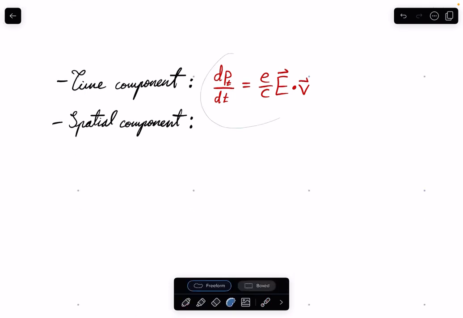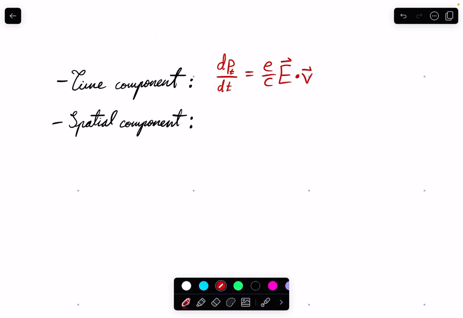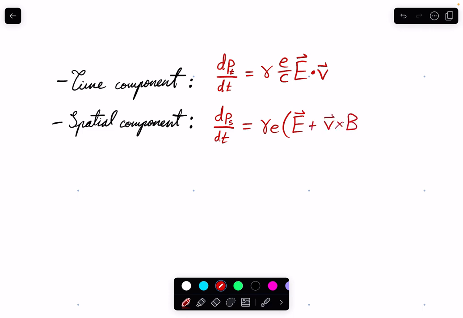Then you have the space-like component, the spatial component, which is given to you by, no, actually, hang on, I forgot over here to put gamma, and there's a gamma out here, gamma q, and then E plus v cross B.